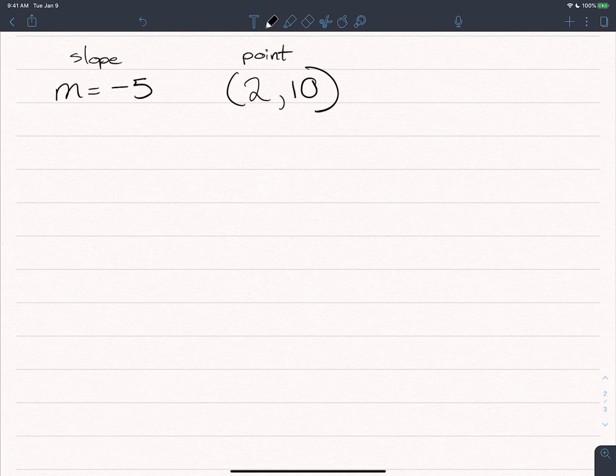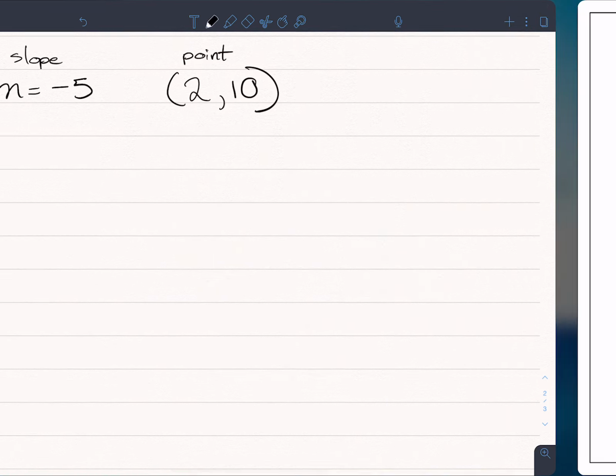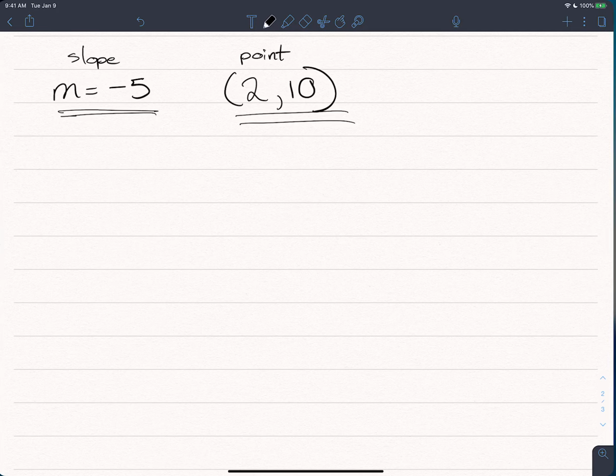So let's follow our steps. Step 1 says write out the slope and the point that you know. So we've already done that. We wrote it, so now we can work with it. That's the first step, just so that we can be clear what we're working with. We want to write out the slope and the point.